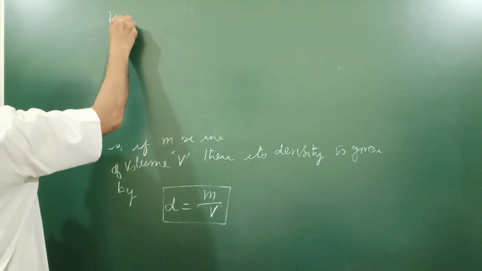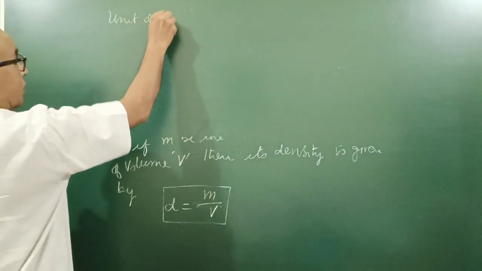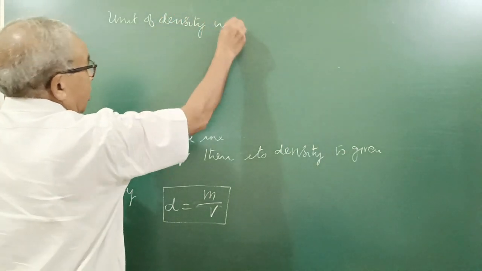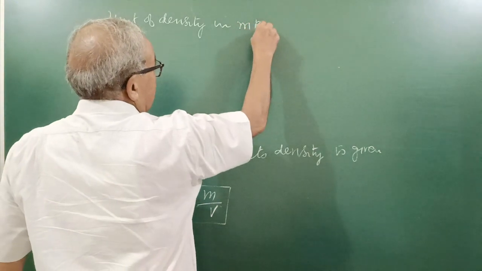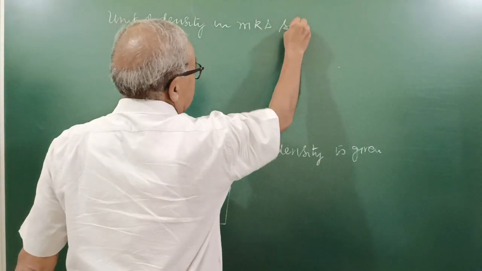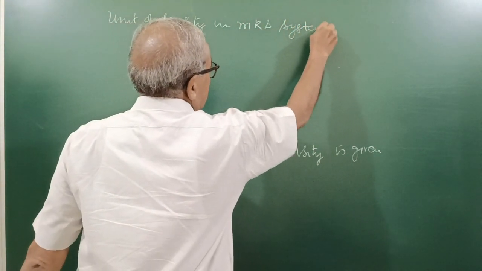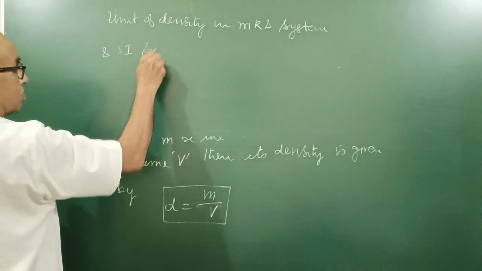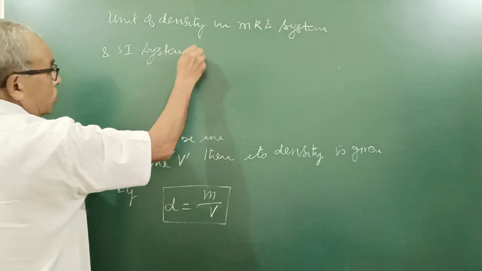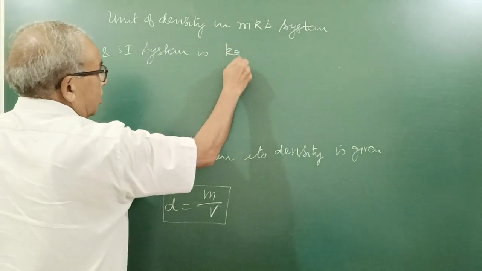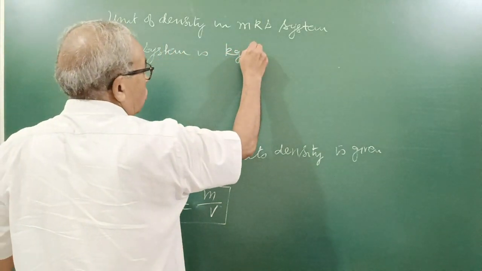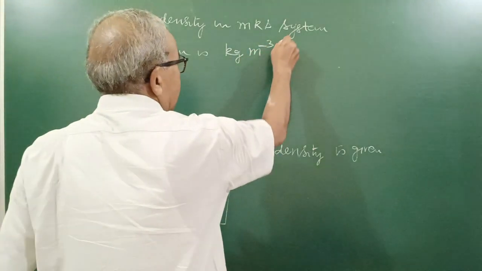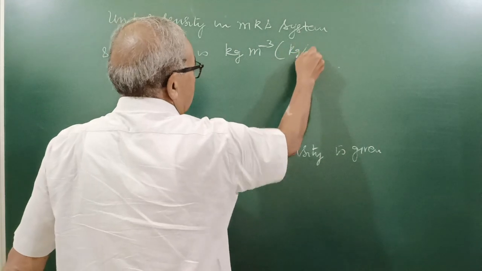The unit of density in MKS system and SI system is kg per meter cube, or you can write as kg upon meter cube.